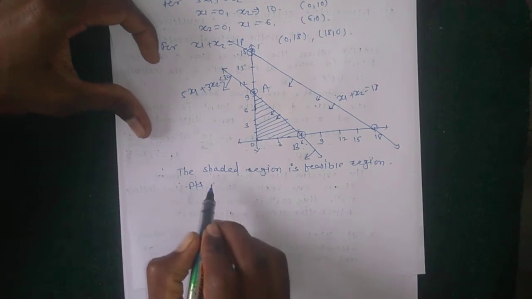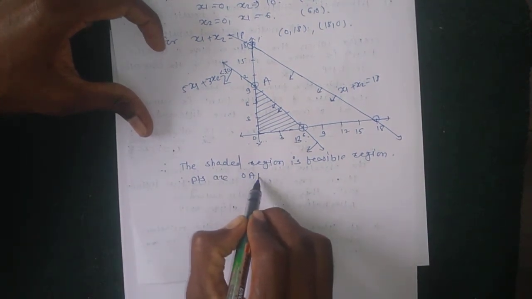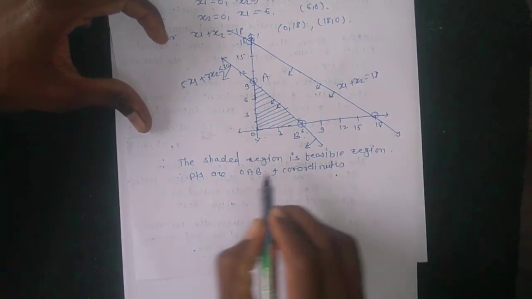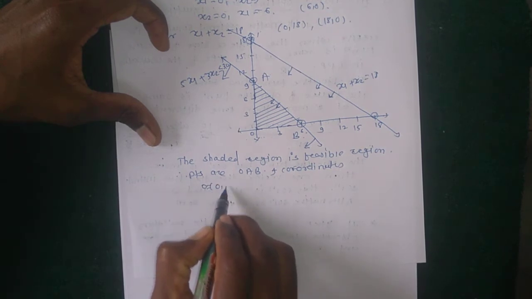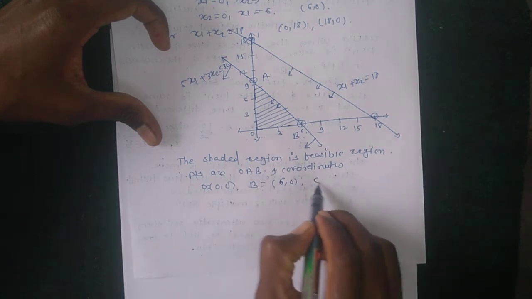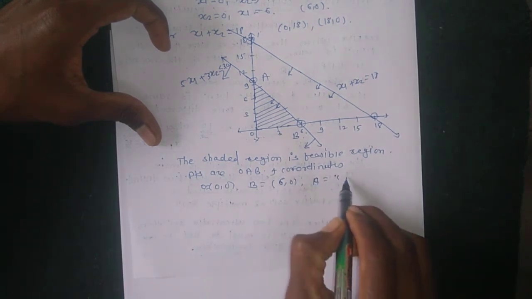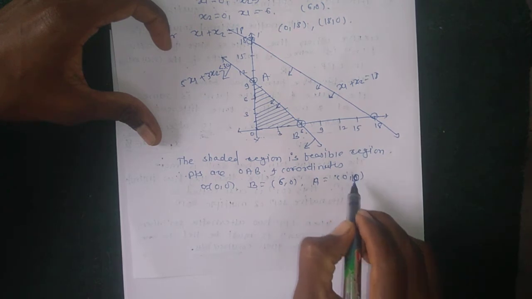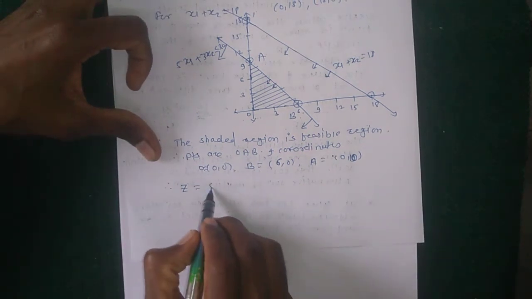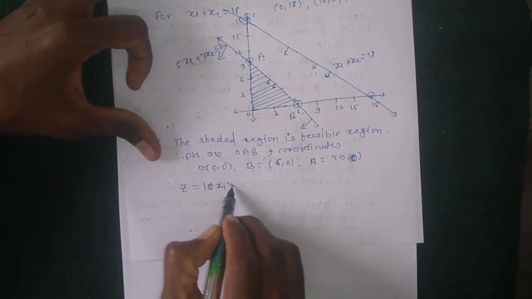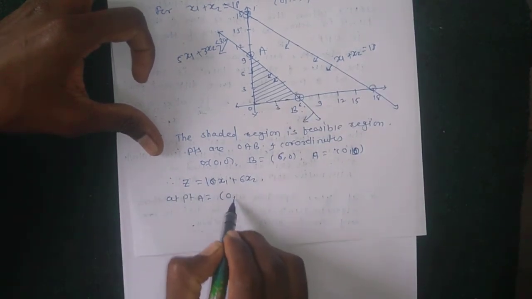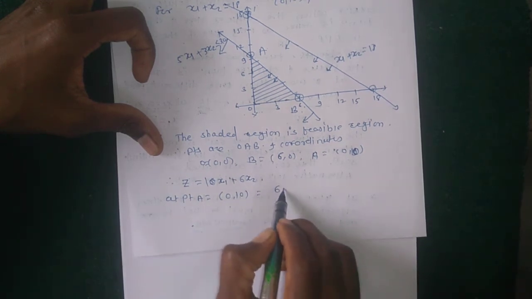Therefore the points are O, A and B, with coordinates O = (0, 0), B = (6, 0) and A = (0, 10). The value of the objective function z = 10x1 + 6x2 at point A (0, 10) is 60.